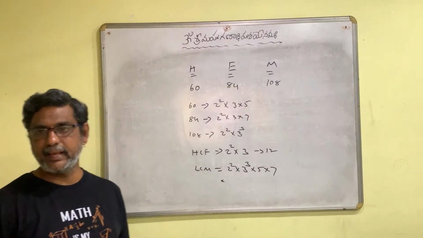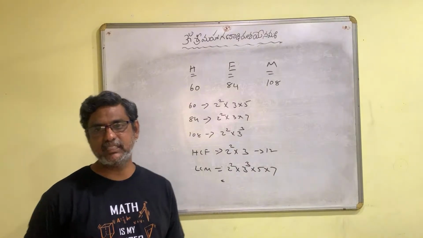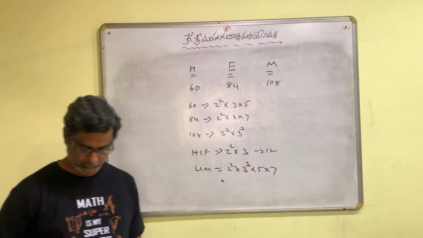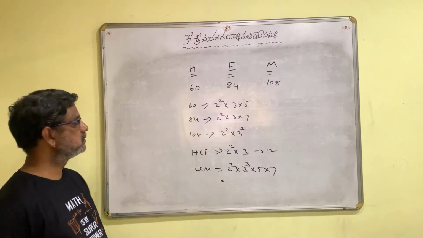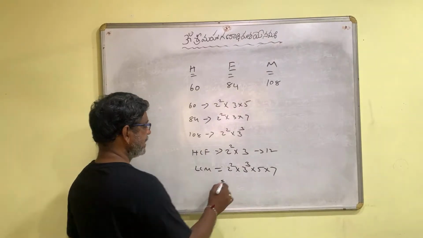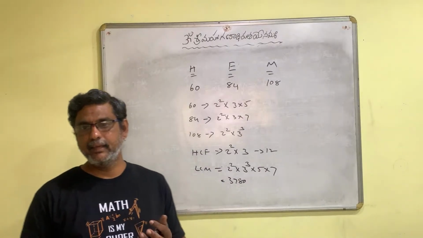You cannot take just 3. Different prime factors with highest powers. 3780. Good.